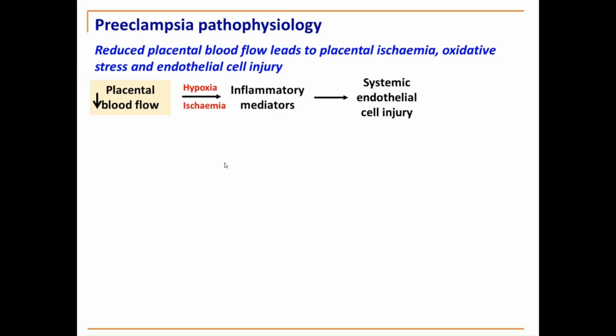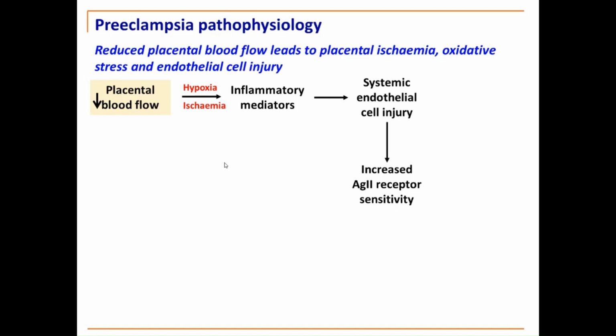Now, that systemic endothelial cell injury leads to an increase in angiotensin II receptor sensitivity. Now, remember, angiotensin II is a potent vasoconstrictor that is increased in normal pregnancy, but its effects on vasoconstriction are mild during pregnancy due to reduced sensitivity induced by the placental hormones on the vasculature.